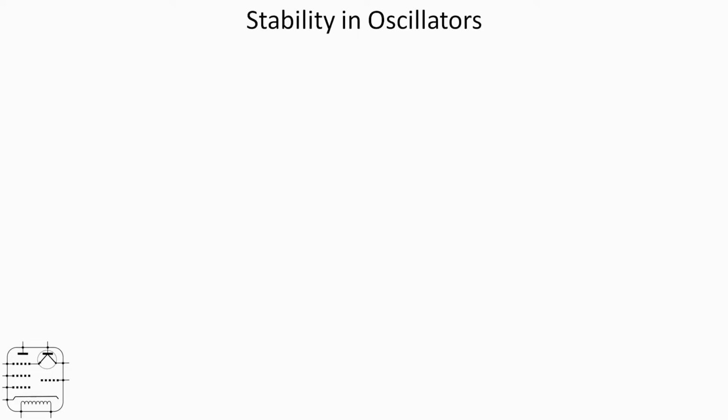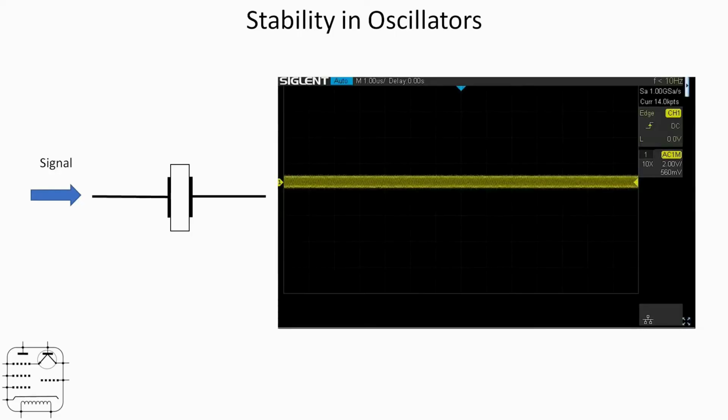So if we take a crystal, and we feed a signal in to one side of it from the signal generator, and we monitor the output on an oscilloscope, as we pass the point of resonance, we'll see a sudden peak in the signal. It's quite marked.